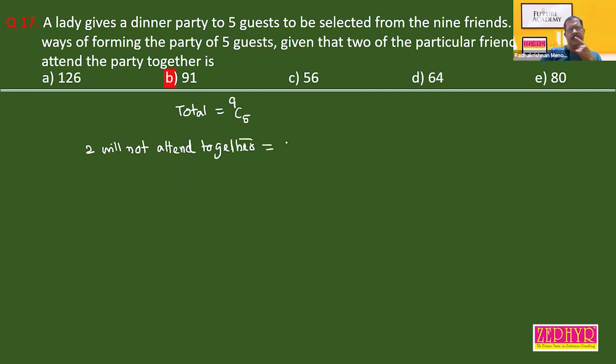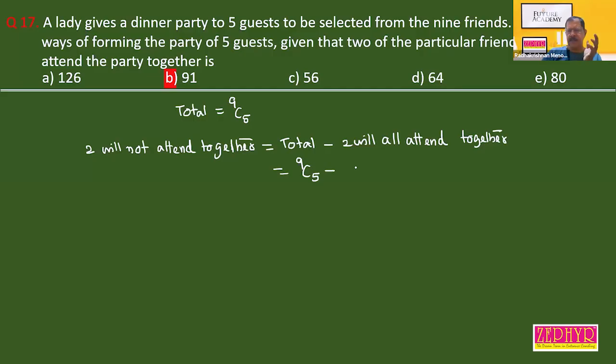So 2 will not attend together is equal to total minus 2 will attend together. So total we have got 9C5 minus 2 will attend together. So you subtract, you will be getting the answer 91.